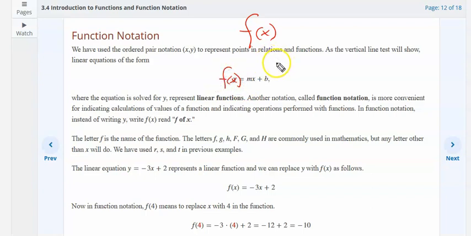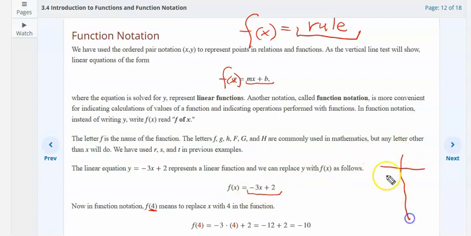Often what they want you to do is to apply the rule they're giving you, which in this case is mx plus b. In this case it's negative 3 times whatever value of x they give you. They're saying x is 4 plus 2.